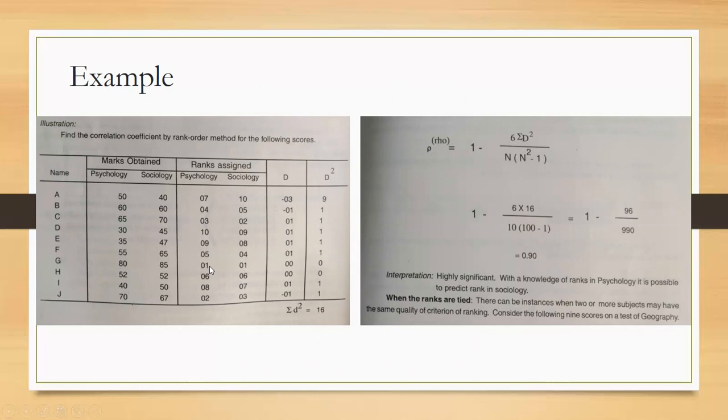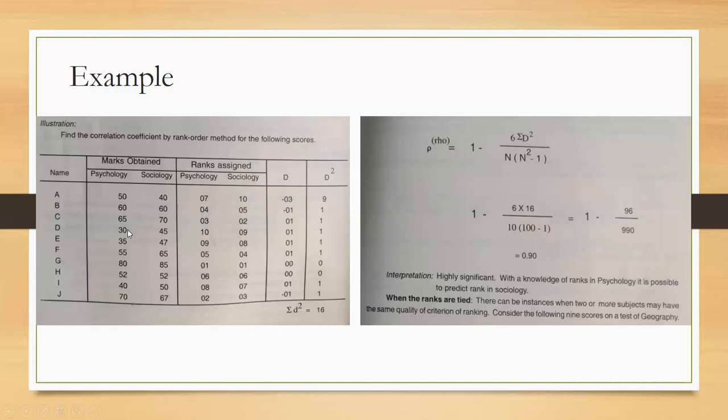Then the second highest number is 70, so I'm going to rank it as 2. Third highest, after 70, is 65, so I'm going to rank it as 3. Fourth is showing as 64.